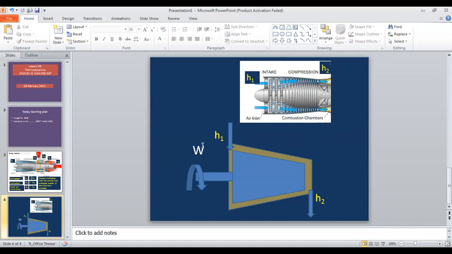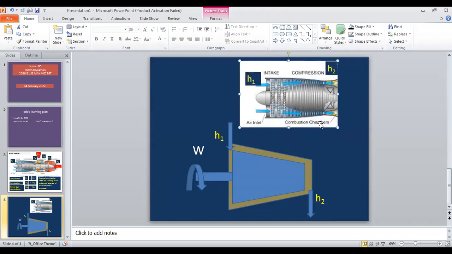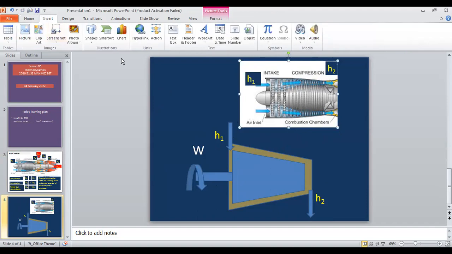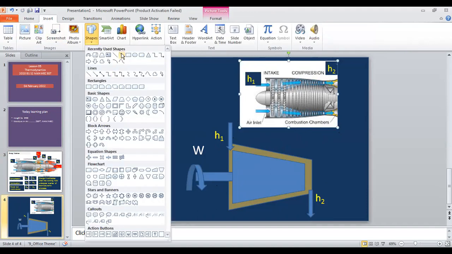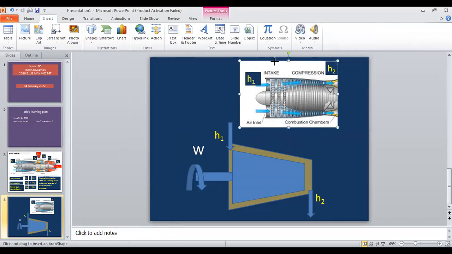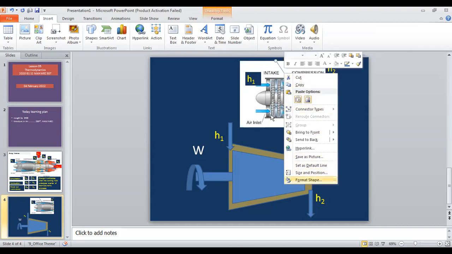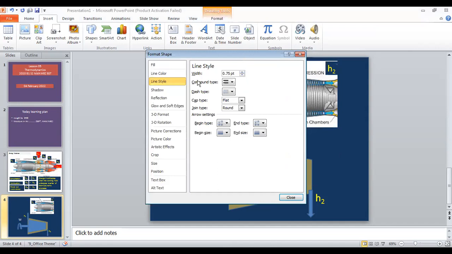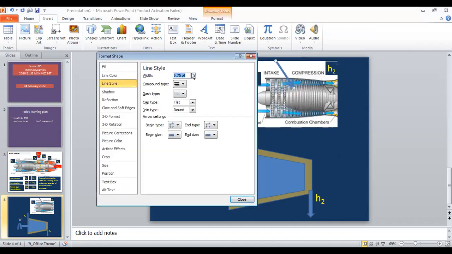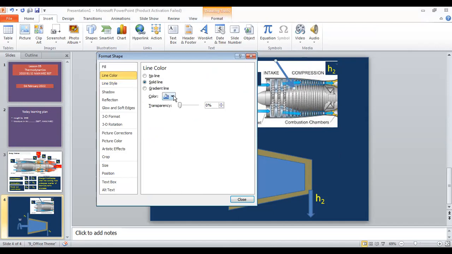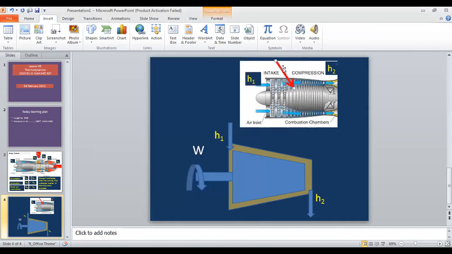Okay. So even in this picture, if you need to show W, the work done, it's still possible. You put an arrow here, make it more visible. I will put a color to see here. So input work, I think better.